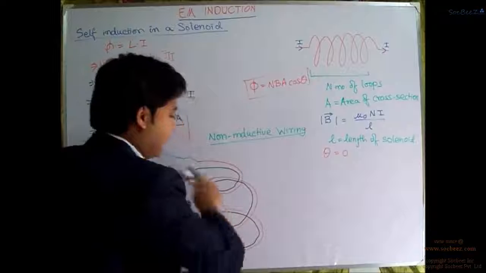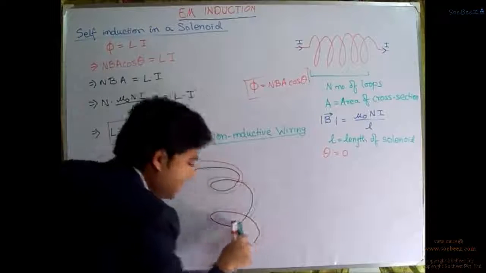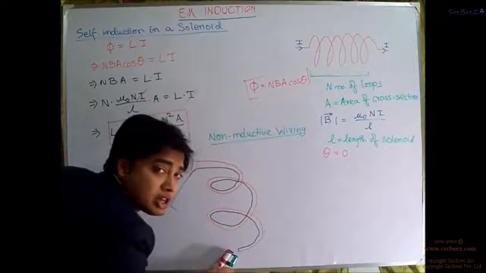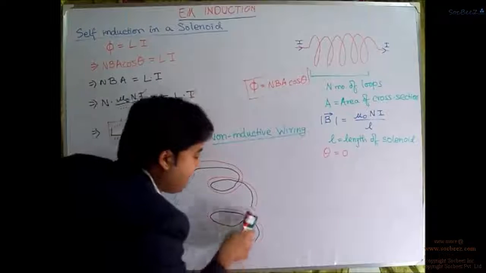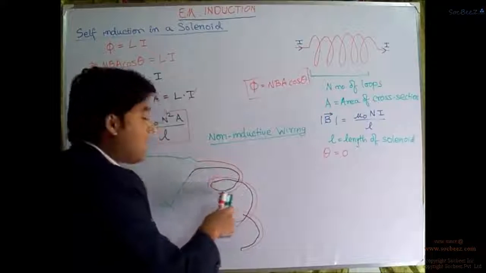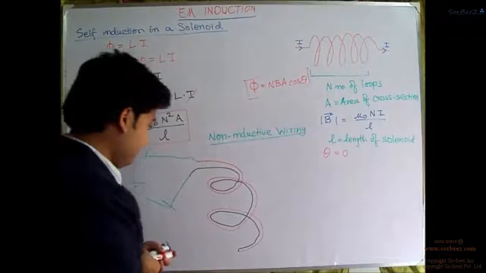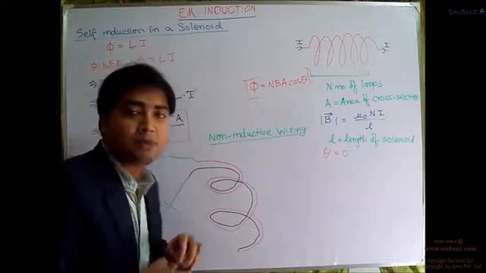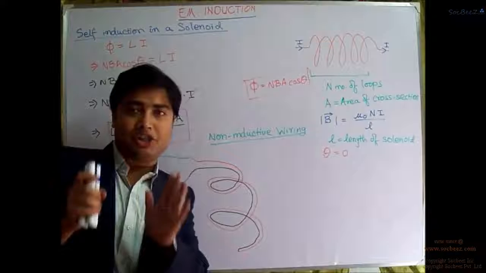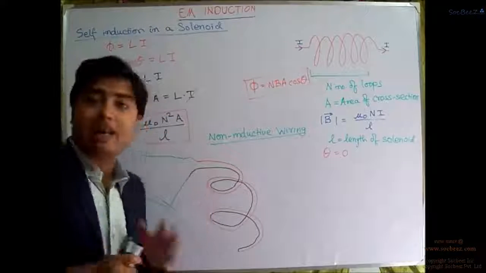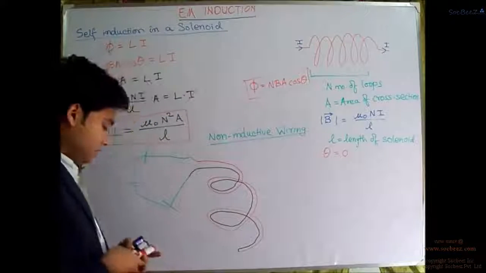Obviously, they are the same line. First of all, they go via this red line, and at the end of this red line they come back via these black lines. Obviously, they are the same lines. For your better understanding, we have done it like this.